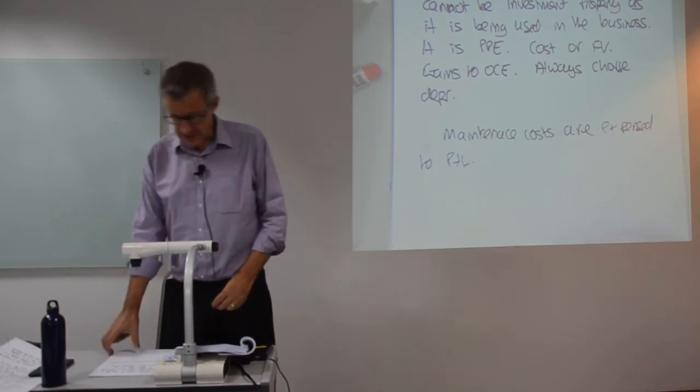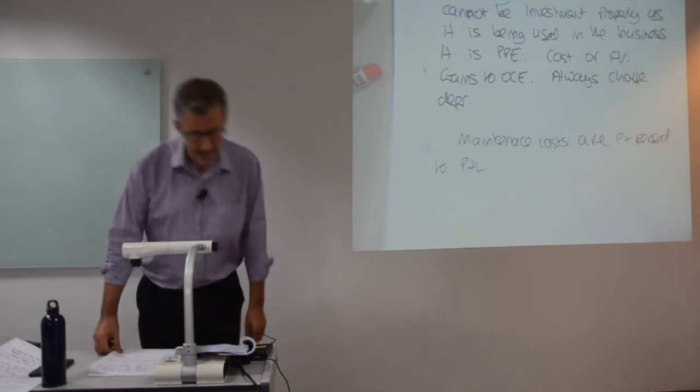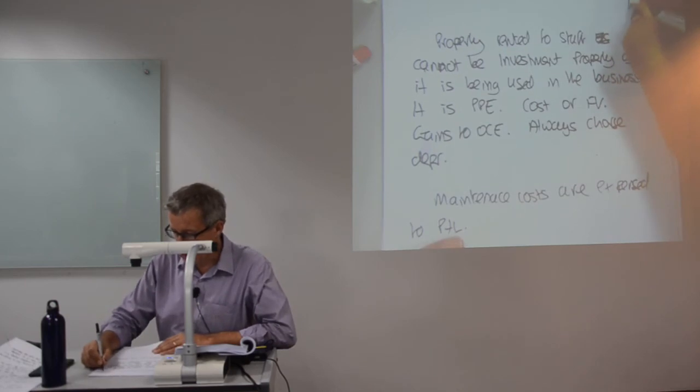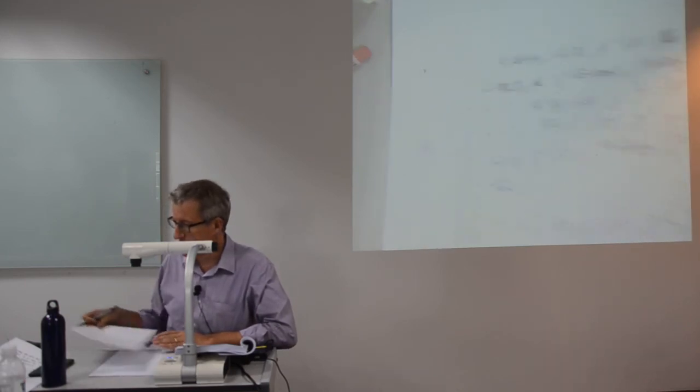Let's have a look at part C, let's have a look at part D, and I will be prepared to cut some corners here in order to try and cover as much ground as possible.